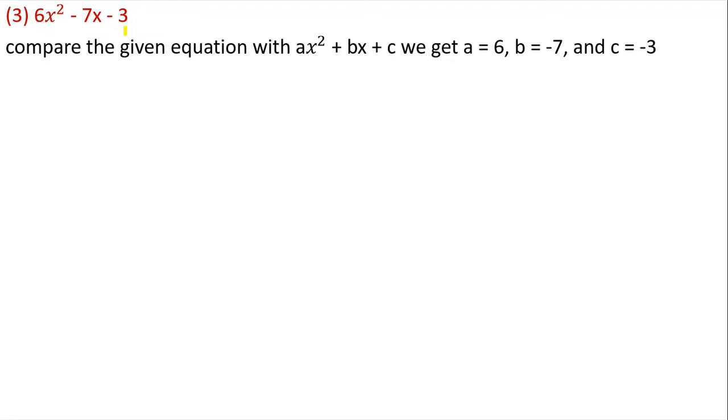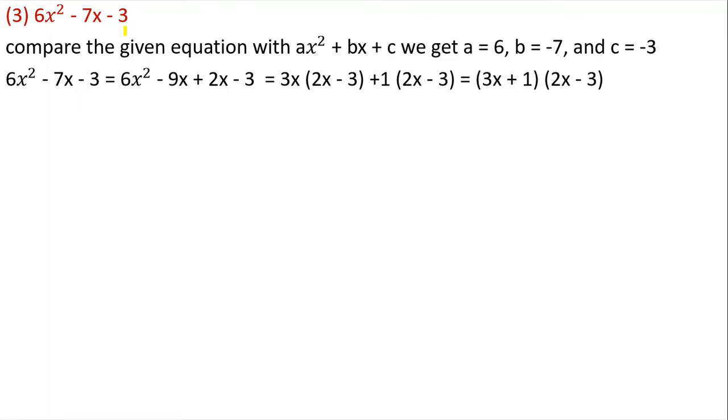So I can write 6x square minus 7x minus 3 as 6x square minus 9x plus 2x minus 3. So if you add, I am getting minus 7x, and if you multiply, I am getting minus 18x squared. Now, if I take 3x as common, I am getting 3x into 2x minus 3, and if I take 1 as common, 1 into 2x minus 3.